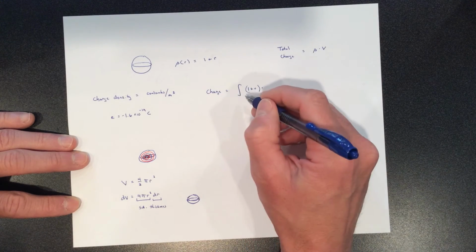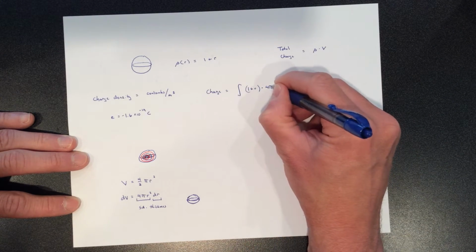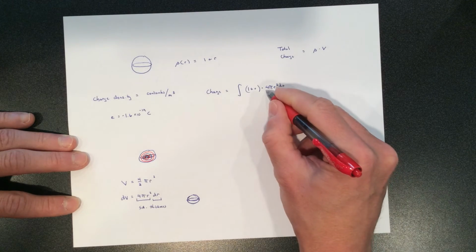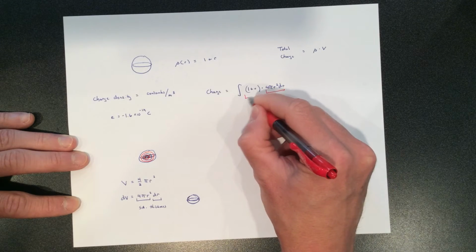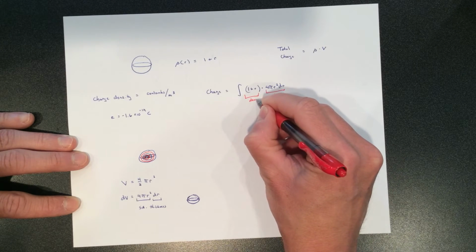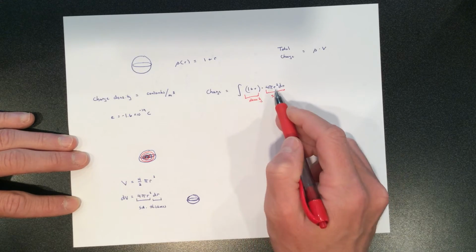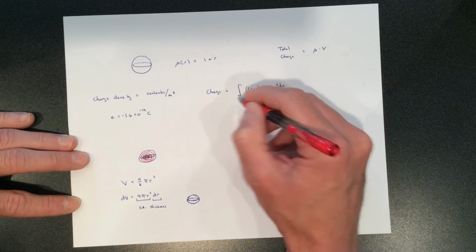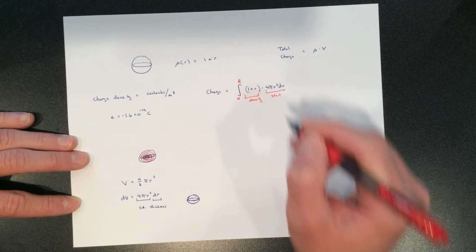So each one of the shells has its own volume, 4 pi r squared dr. This is the volume of the shell times the density of the shell, which would then give you the charge on each shell. Then this is like a summing function, the summation from 0 all the way out to whatever the big radius would be.